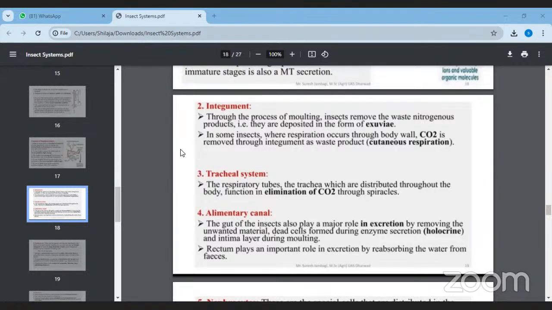So we see the main factors playing an important role, like integument permeability, food selection, and habitat selection. These are all involved in the regulation of salt and water in the insects.